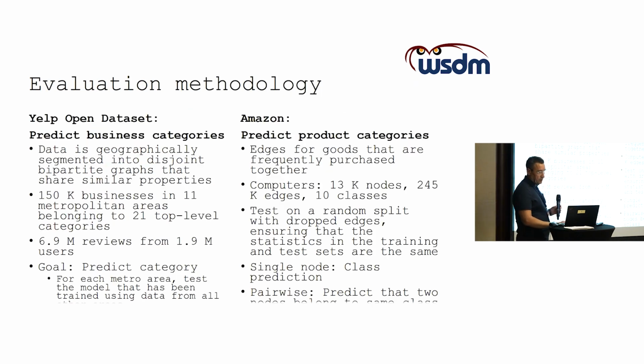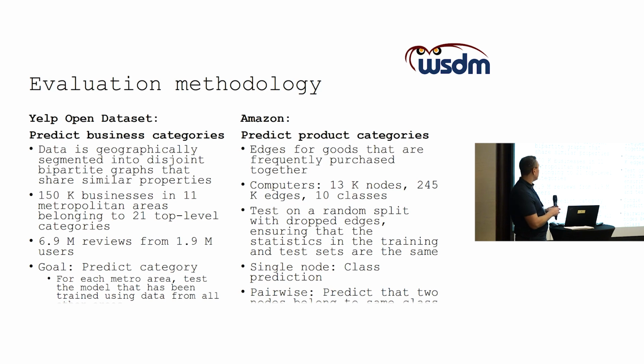For evaluation, we need a data set that contains graphs drawn from the same distribution. The Yelp open data set, which contains businesses, users, and reviews, meets this criteria and provides a natural way to do this, since the data is segmented into metropolitan areas.